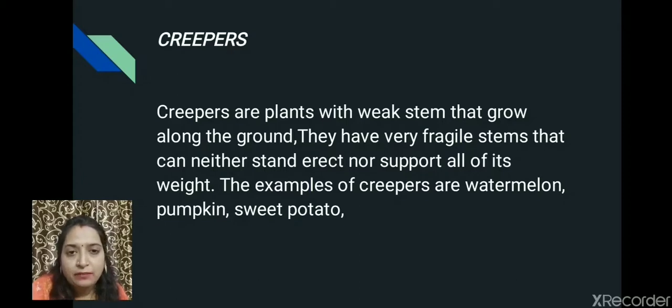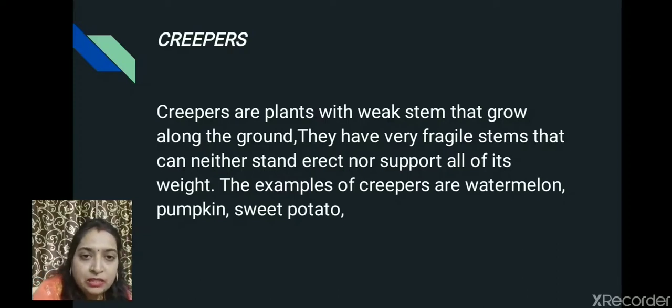Okay, and one more thing, do creepers need support? No, they do not need support, because there is no need to climb up or something. So creepers, they do not need any support to carry their weight, because they are itself growing over the ground. They are crawling on the ground. And the examples, you can say pumpkin, sweet potato and watermelon.